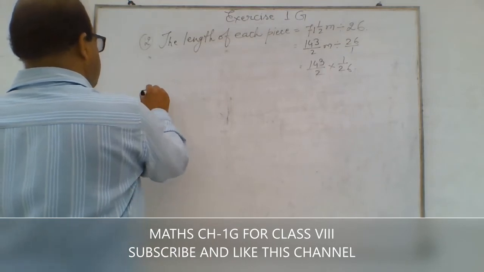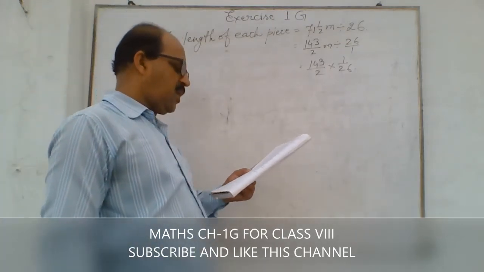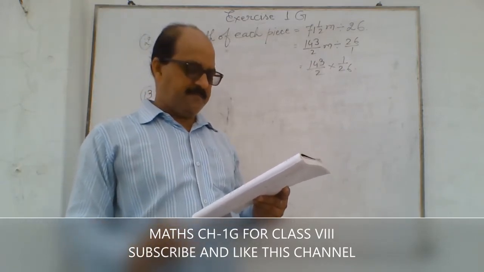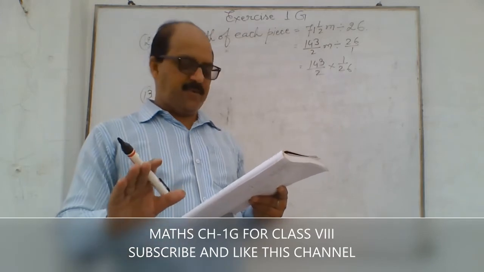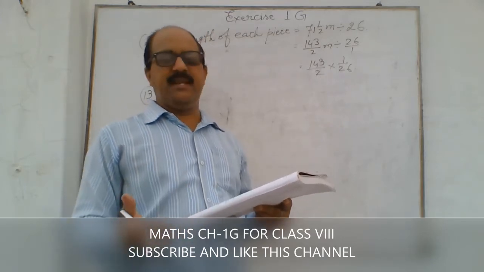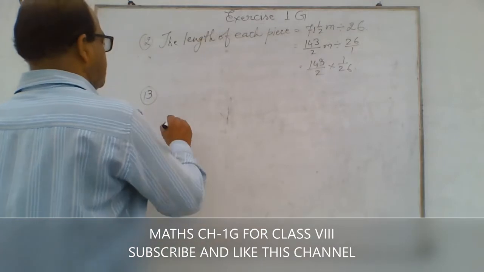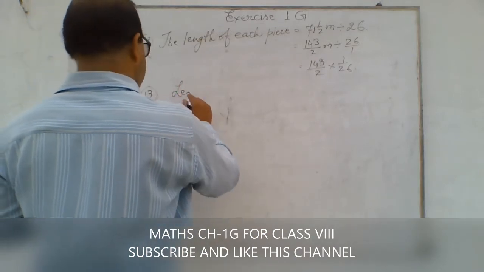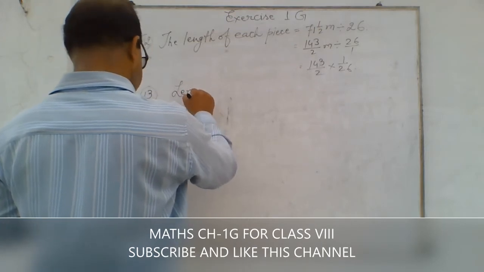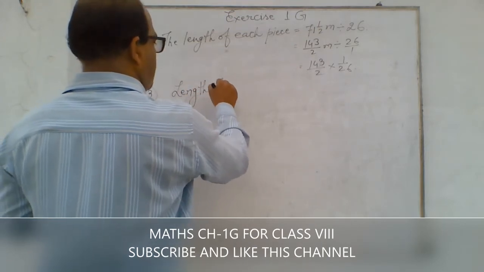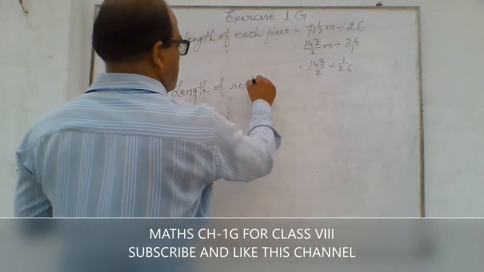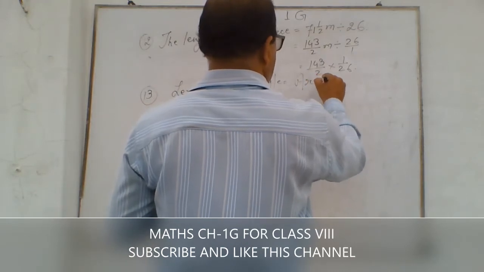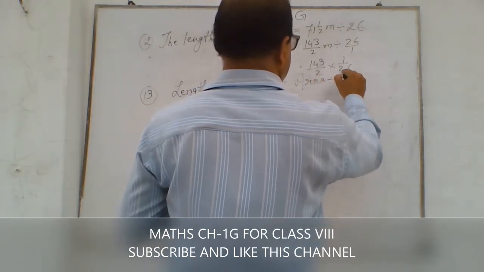In question number 13, the area of a room is 65 whole 1 by 4 square meters. Area is given. If its breadth is 5 whole 7 by 16 meters, what is the length? The length of a rectangle is equal to area divided by breadth.